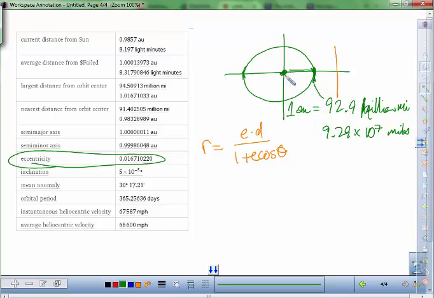The distance from the sun to the earth, if the earth was over here, would be 9.29 times 10 to the 7th.